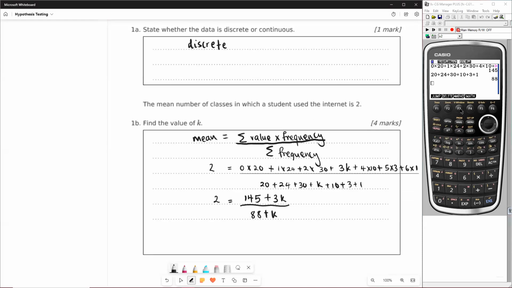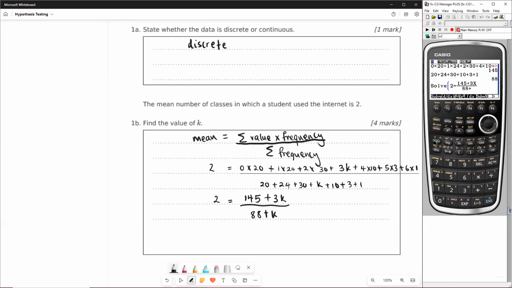Then we're going to solve this equation. On your calculator, you're going to do 2 equals, use a fraction here, 145 add 3. I'm going to use x in the place of k only because that is the typical variable that we normally see.